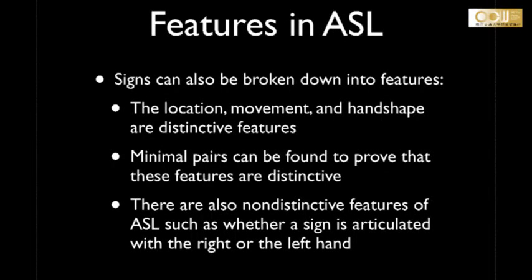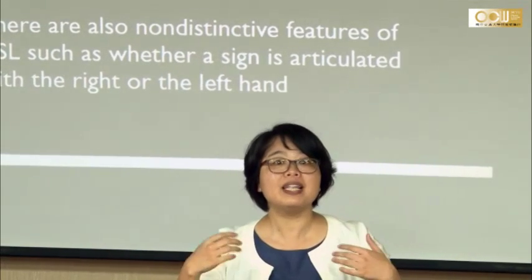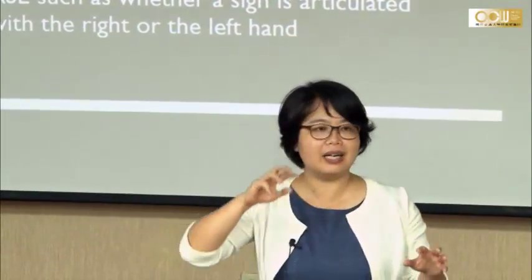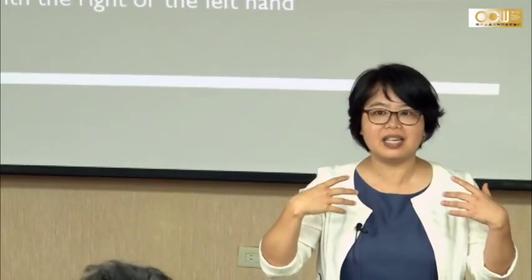Sometimes the location, the movement and the hand shapes are distinctive features. I'll give you an example of movement. I don't speak American Sign Language, so I'll give you examples from Taiwanese Sign Language. Those two are not mutually intelligible. In the world of sign language, it's like spoken language.